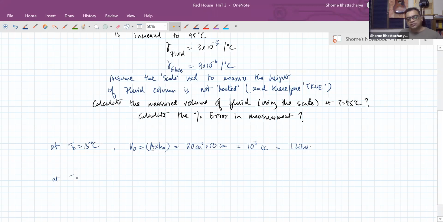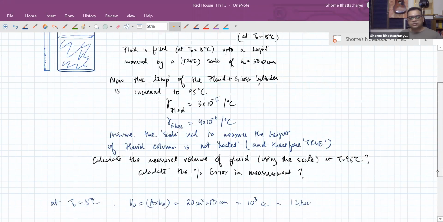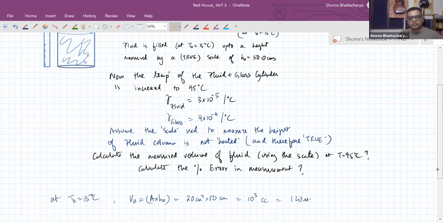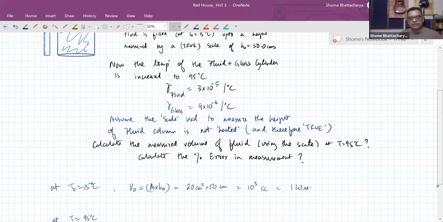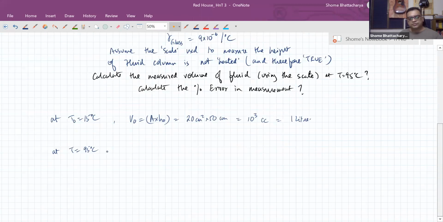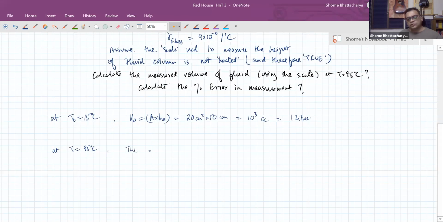Now at T equal to 95 degrees C, we are raising the temperature to 95 degrees C. The true volume of fluid.